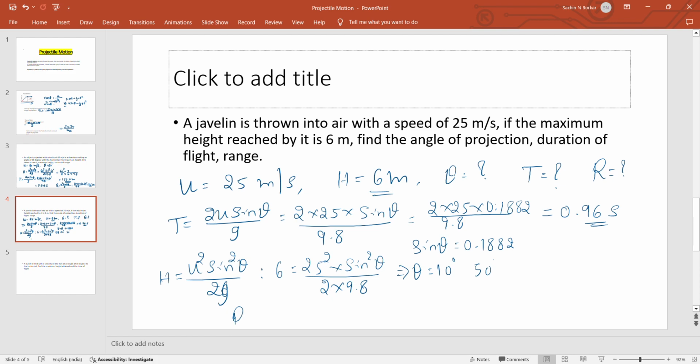The last part is finding the range. R is equal to, range is the distance traveled, that is u cos theta into t, also we can find.